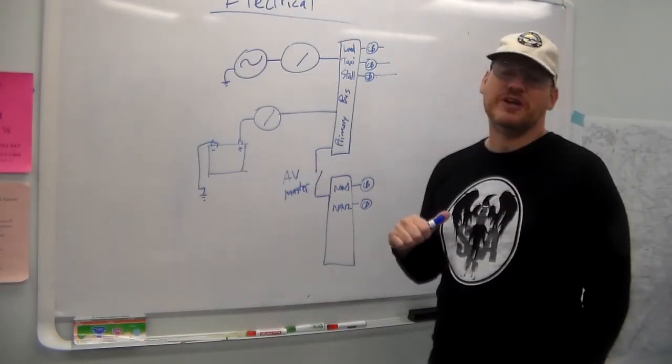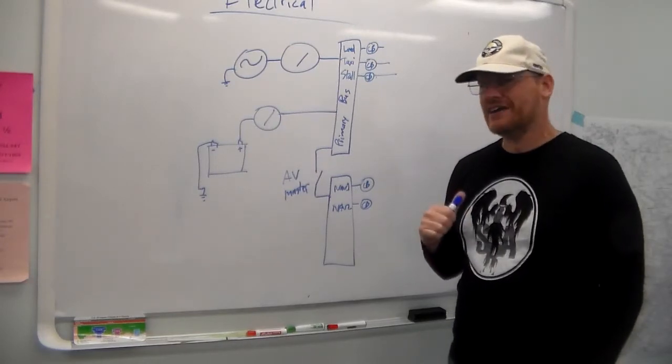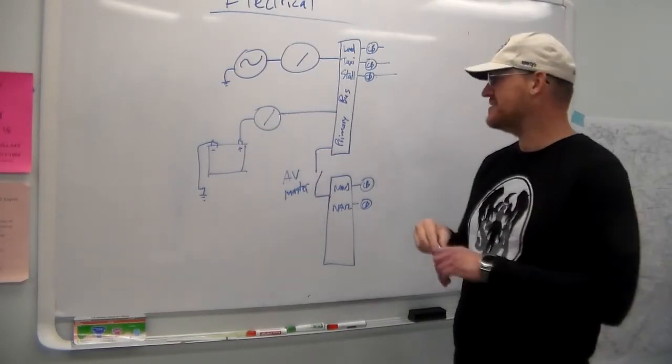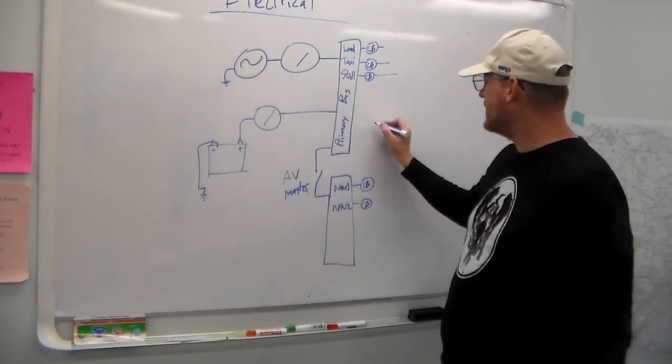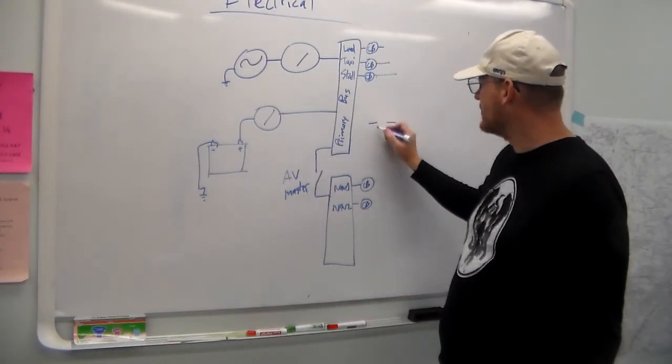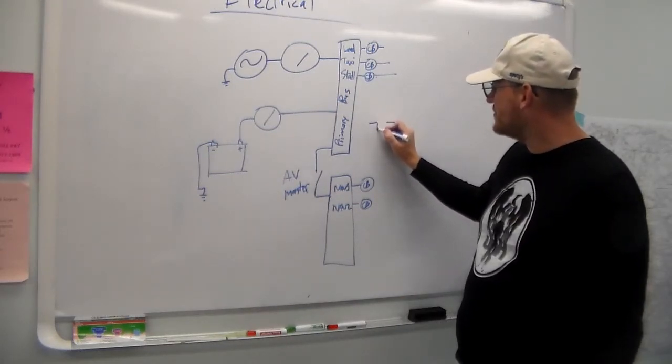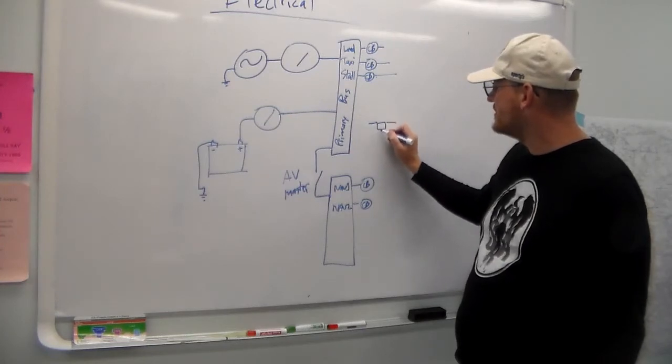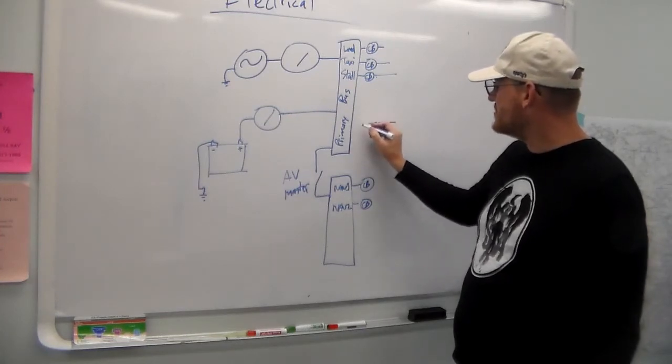Then there's pullable breakers. They're usually black in color, and they have like a little handle on the top. So if you look at a non-pullable breaker from the side, it looks kind of like this. Here's your panel.